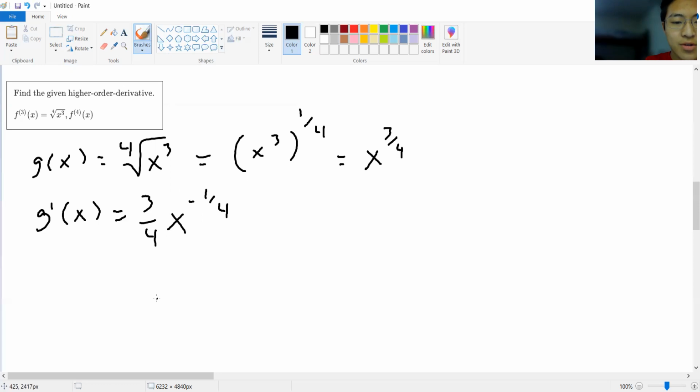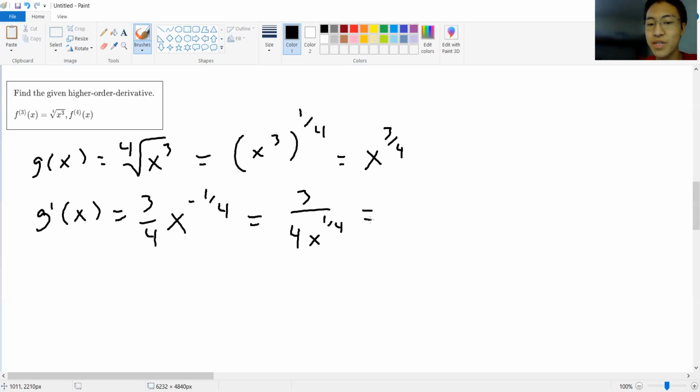Other ways, I encourage you to get comfortable with being flexible with, seeing these exponents represented in different ways. For example, since it's a negative exponent in the numerator, let's throw it in the denominator to make it a positive exponent. So 3/4 x to the 1/4. And if you were taking a multiple choice exam, and neither of these representations were involved, what if the only possible answers they're giving you are in radical form?